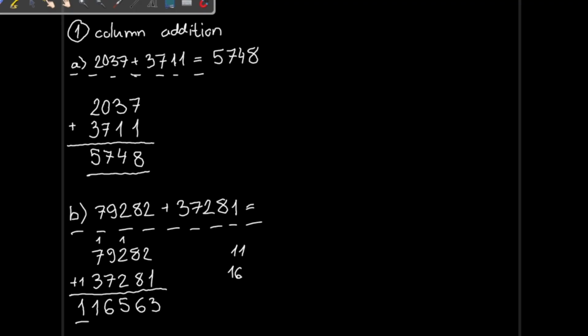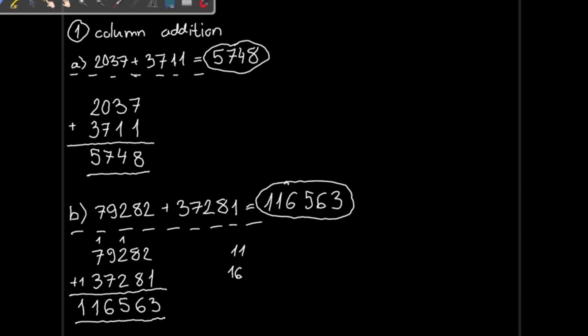And that's our result. 116,563. These are our results, our sums from exercises A and B.